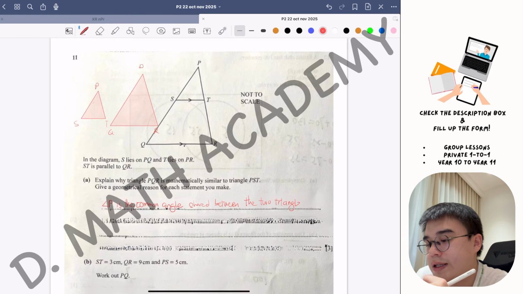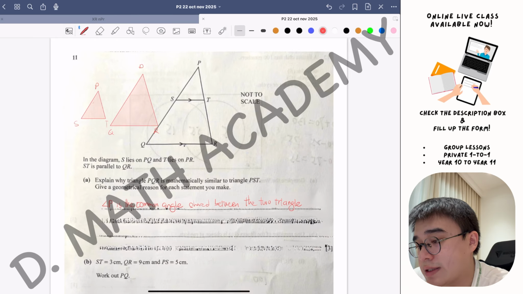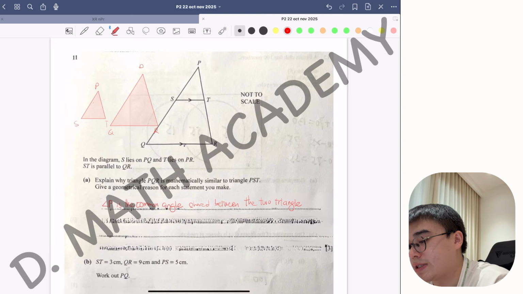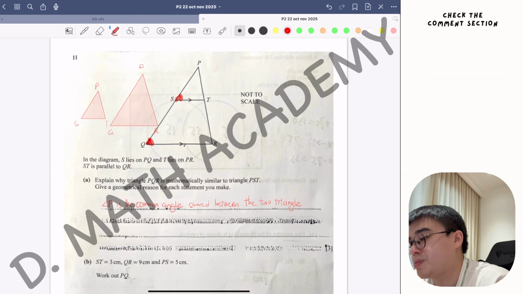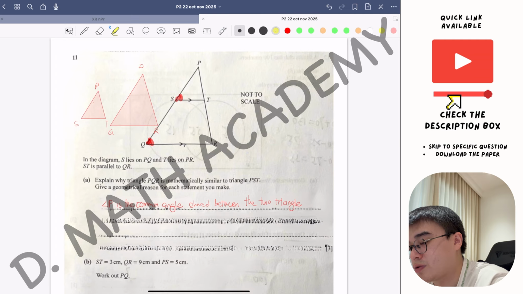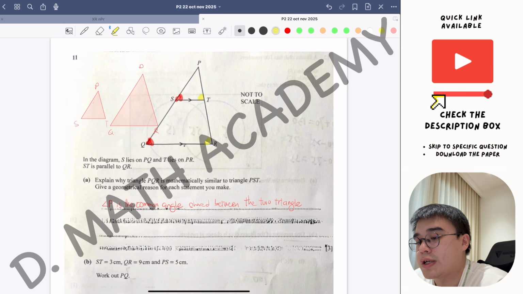Other than that, another supporting statement I can give is this: because of the parallel lines, you should know that these two will correspond to each other. Same goes for the other two on the other end.